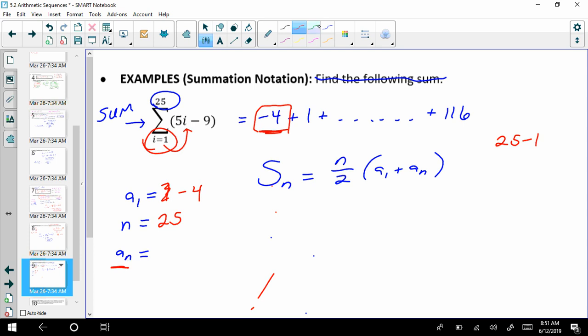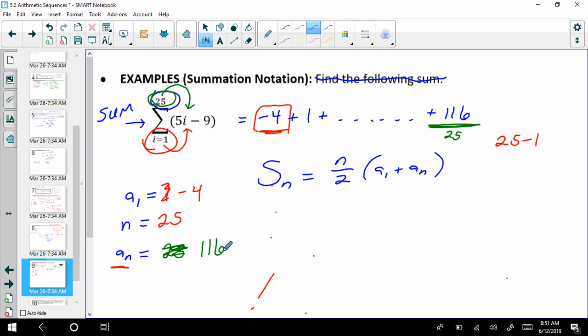And finally, what would be my ending term? Well, to get the ending term, sometimes people will tell me, oh, it's 25, because that's what's on top. No. That means I'm going to spot number 25. So to get that number, you plug 25 in. And when I plugged 25 in, I got 116 out.